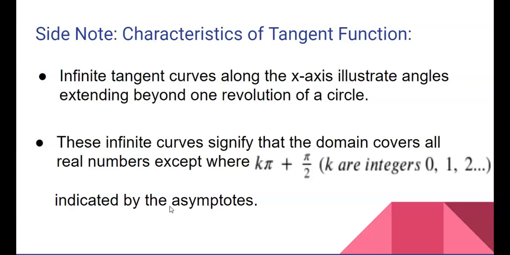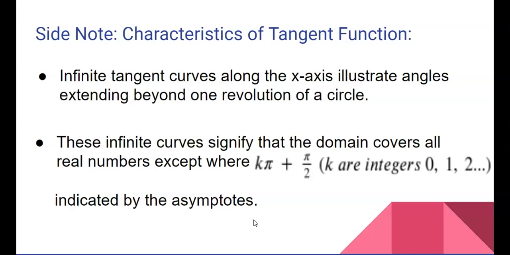Okay, and it says that the domain covers all real numbers except where k pi plus pi over 2, indicated by the asymptotes. So these numbers that satisfy this equation are not included in the domain and will be indicated by the asymptotes.